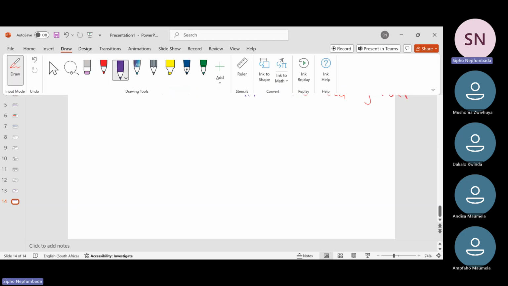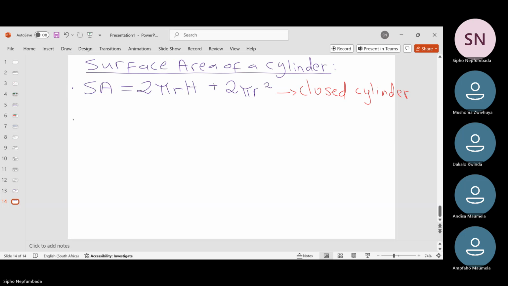And we have surface area equal to 2 pi RH plus pi r squared.